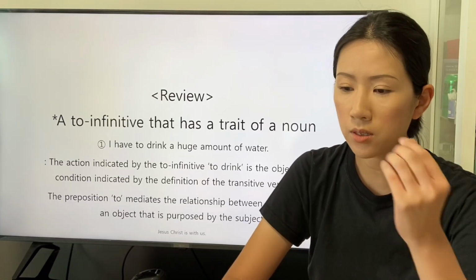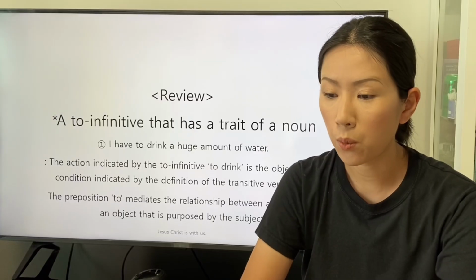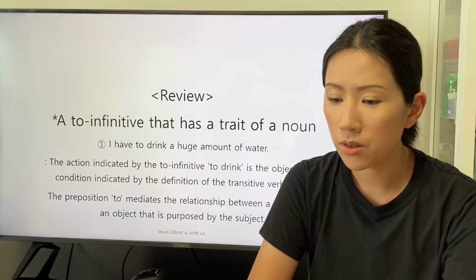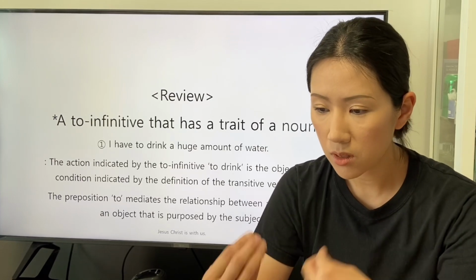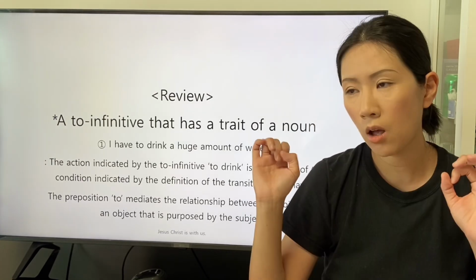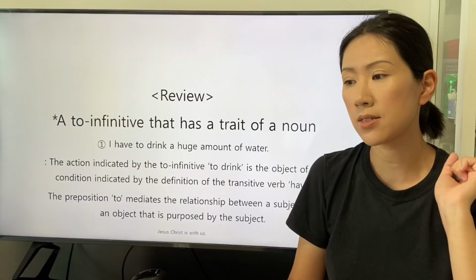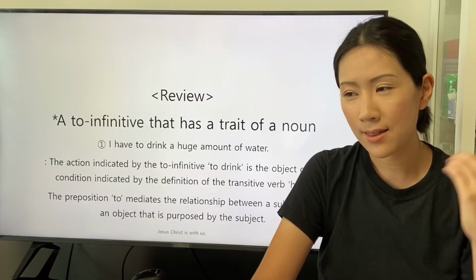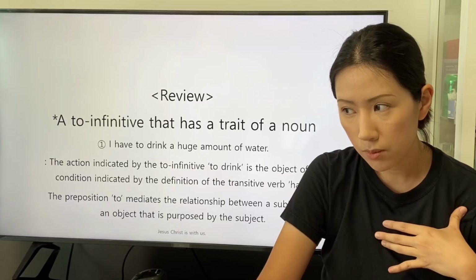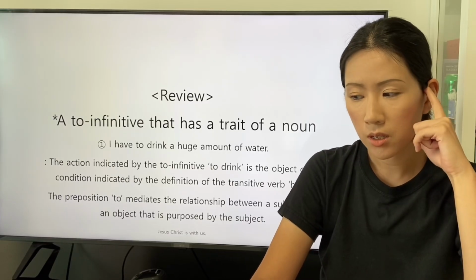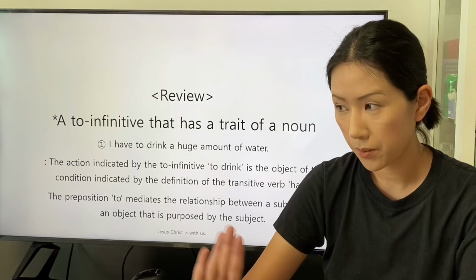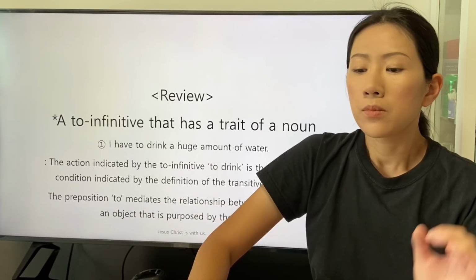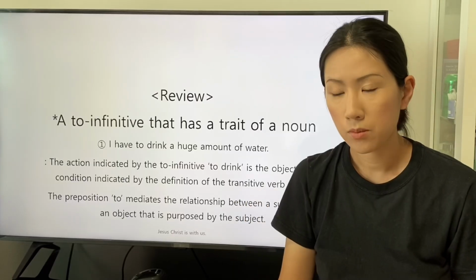We've studied about the way that the speaker describes a future experience, condition, or action that the speaker considers that the subject is heading to at the present.